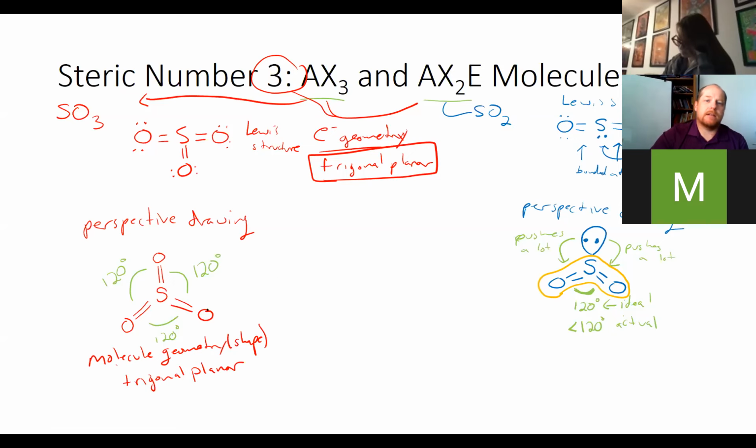If we look at the SO2 molecule, for the molecule shape, we're only going to look at the atoms. Okay, and the molecule shape for SO2 is going to be bent, right? Because those atoms are not oriented linearly. They're oriented in a way, it's like a bent line. So we say it's a bent shape. Okay.